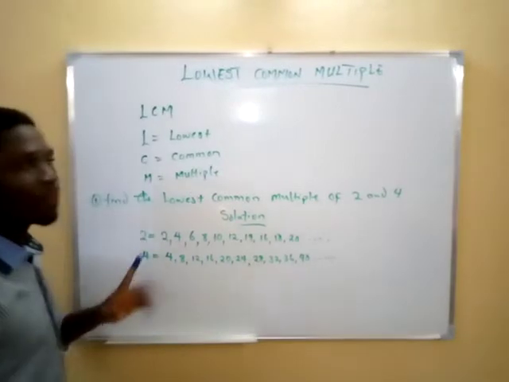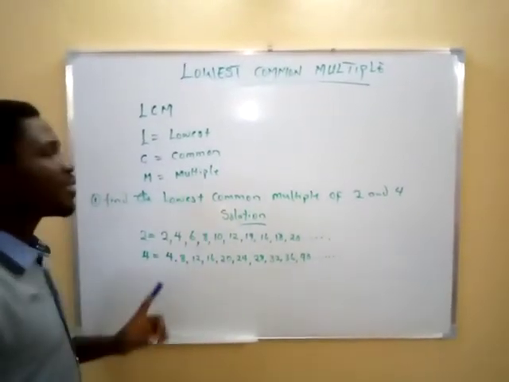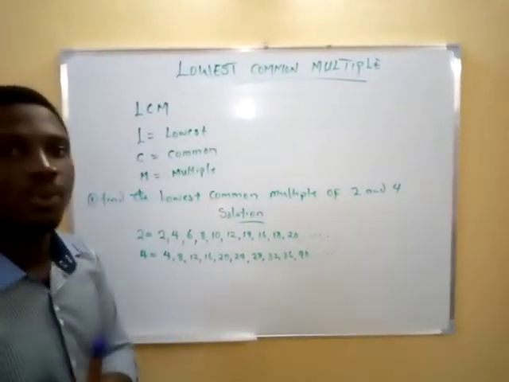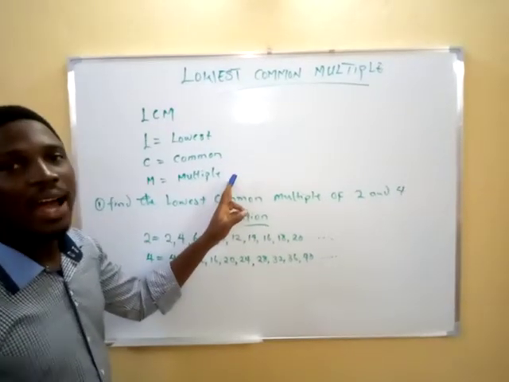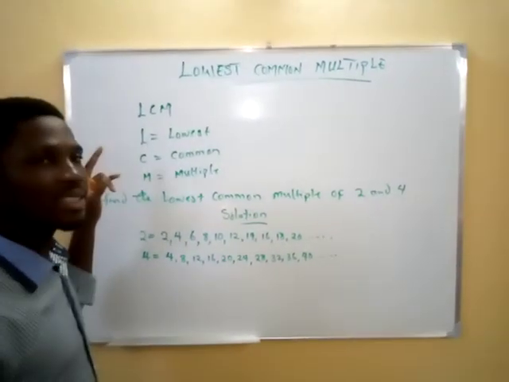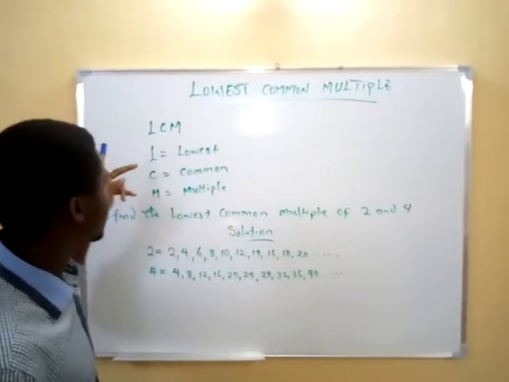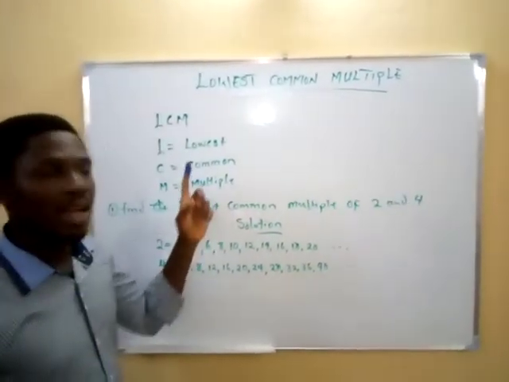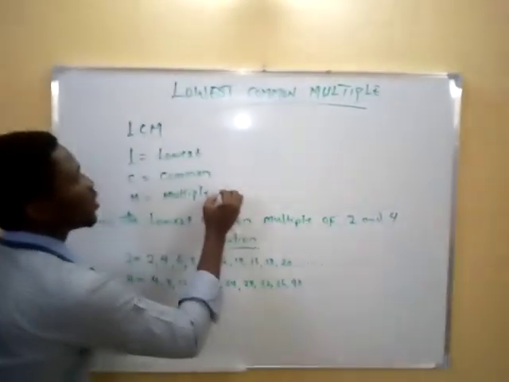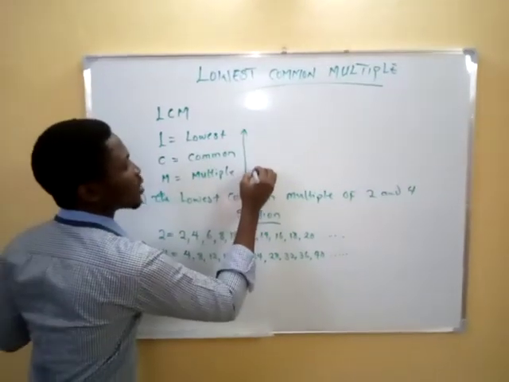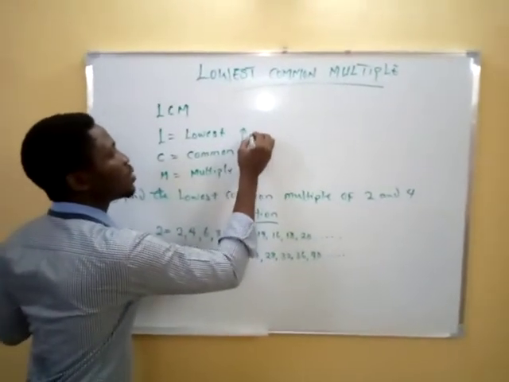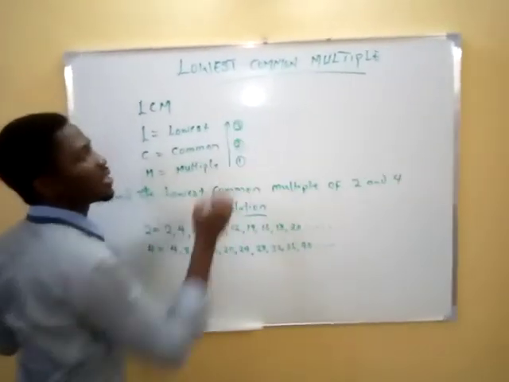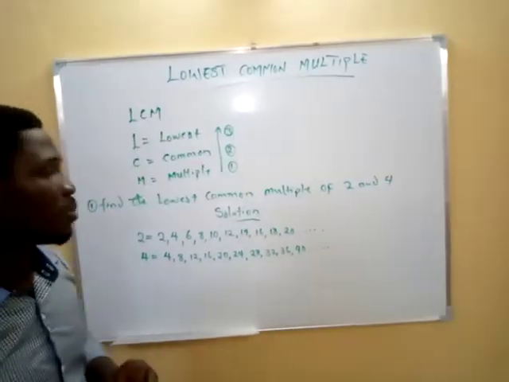I want us to take note that in finding the lowest common multiple, you find it in the order of the letters in LCM. First, we find the multiple. Second, we find the common multiple. Third, we find the lowest common multiple.